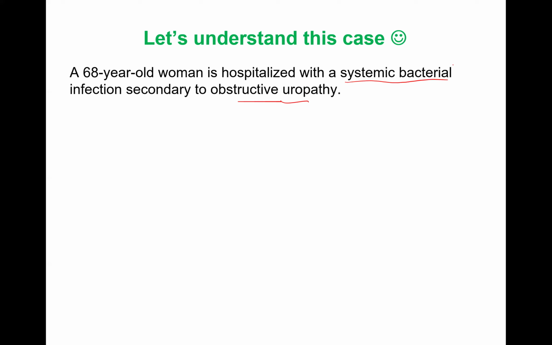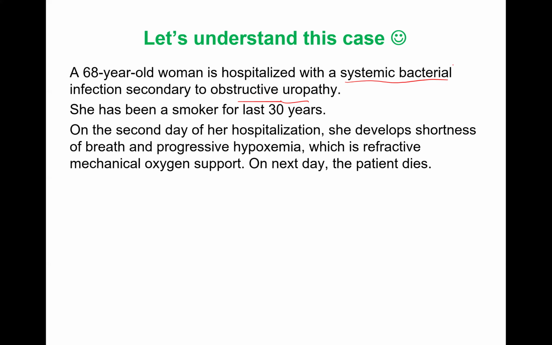From the uropathy, the bacteria have disseminated throughout the body. She has been a smoker for the last 30 years. On the second day of her hospitalization due to sepsis, she develops shortness of breath.